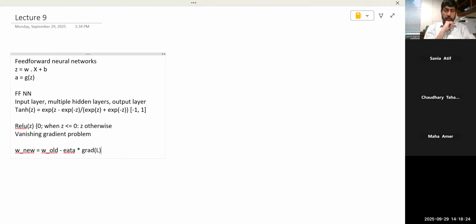ReLU does not have the vanishing gradient problem, but it can have the exploding gradient problem. We typically handle that easily by thresholding: if z becomes very large above some value, we threshold it. There are many such small issues in neural networks, and I think we can't really cover all of those in this course.